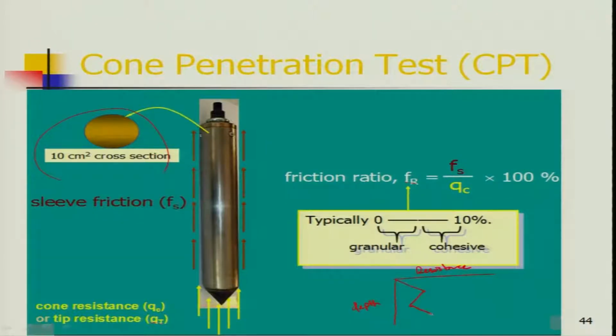I can get cone resistance, and I can get total resistance. Total resistance minus cone resistance gives frictional resistance.